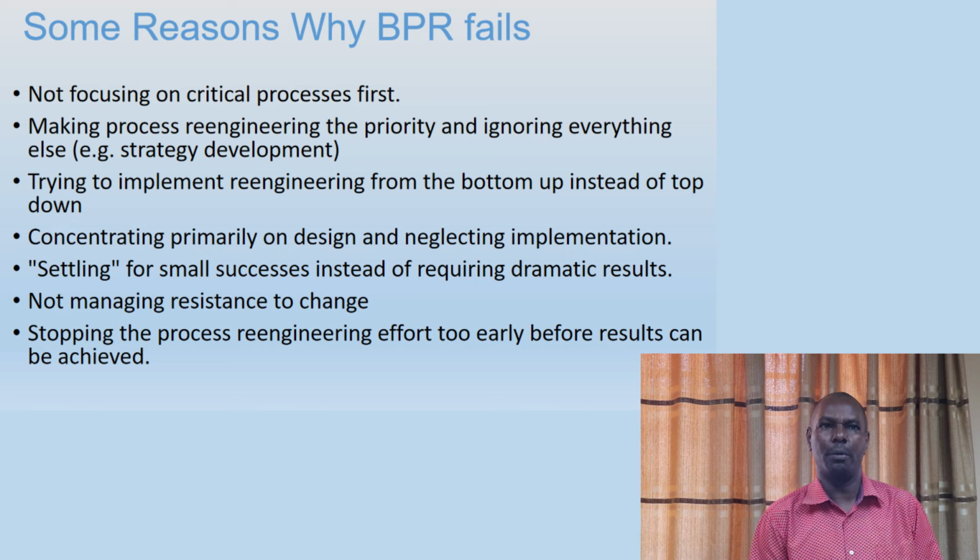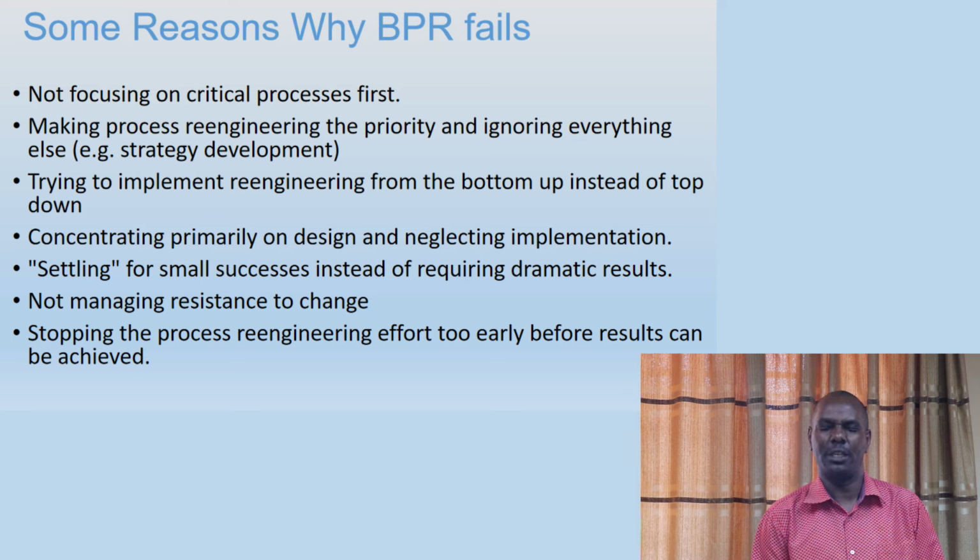Another reason why business process engineering may fail is because managers may settle for small successes instead of requiring dramatic results. Don't settle for small changes or literal results. You need to ensure that you continue with the implementation until you get good results.